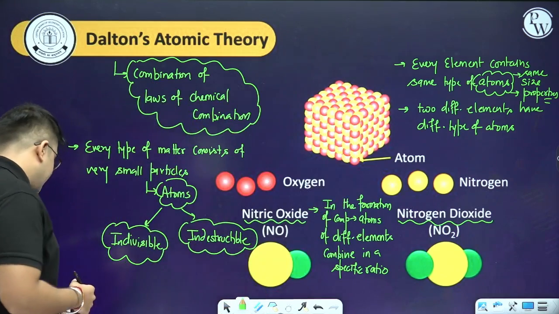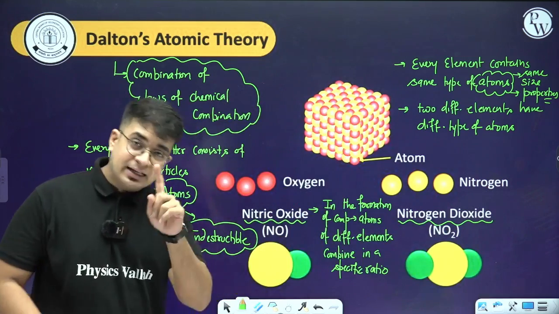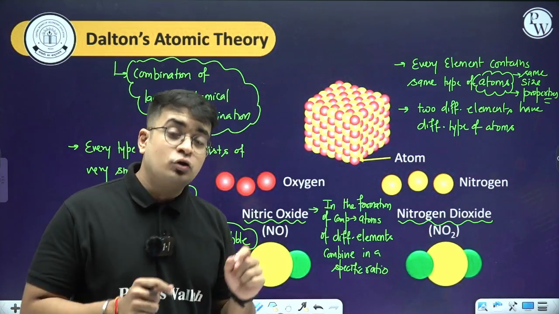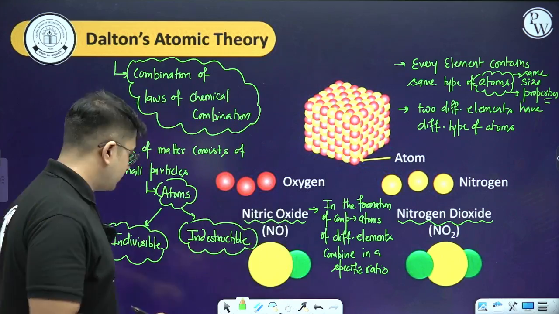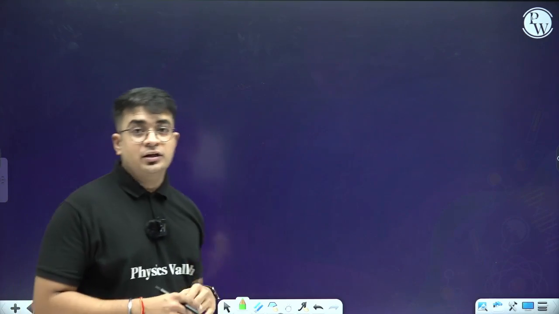Now the next thing: we can say that in every type of reaction, the atom is the only thing which is going to participate. That is the next postulate related to Dalton's atomic theory.